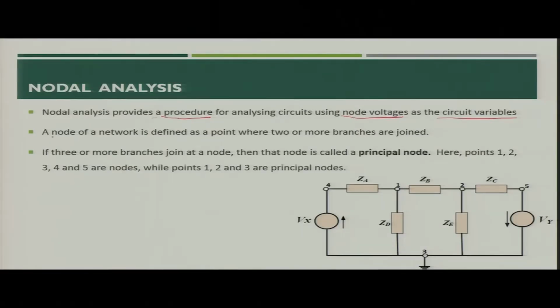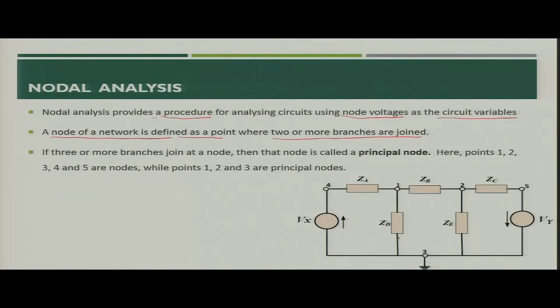A node of a network is defined as a point where two or more branches are joined. If you see this figure, 1, 2, 3, 4, 5 are the total nodes. For node 4, you are joining the impedance ZA and the voltage source Vx.